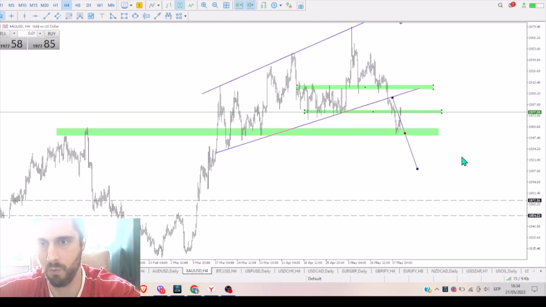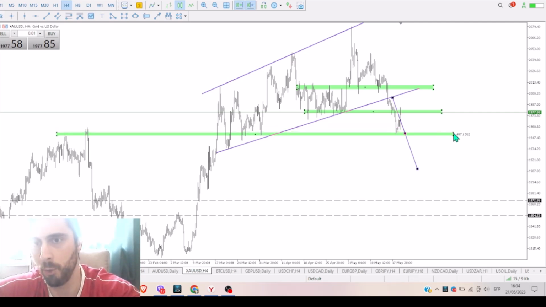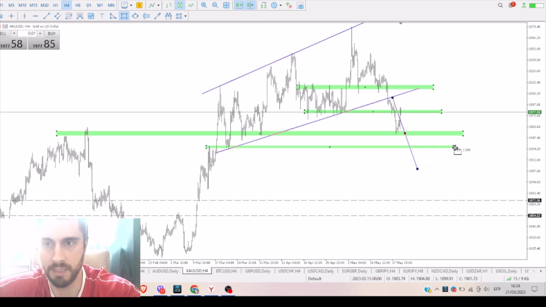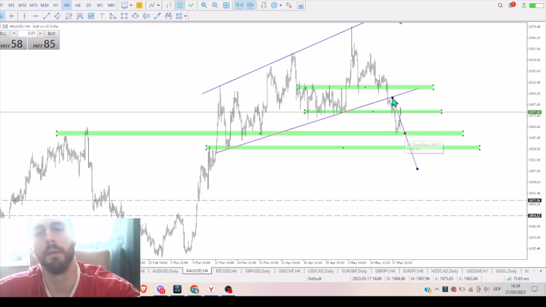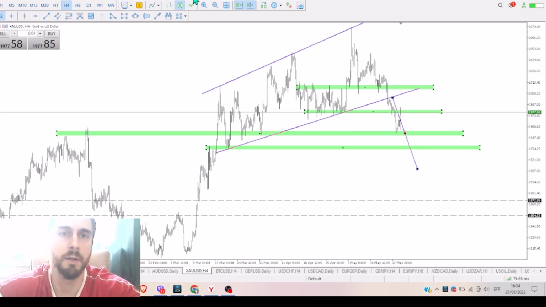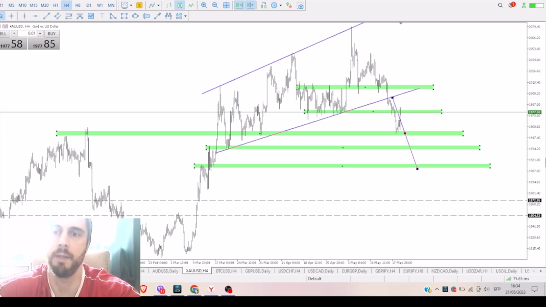So here you can target this previous support if you're a seller. You can target this level right here, or you can go beyond that with the pattern target, which is somewhere here, this little area right here.